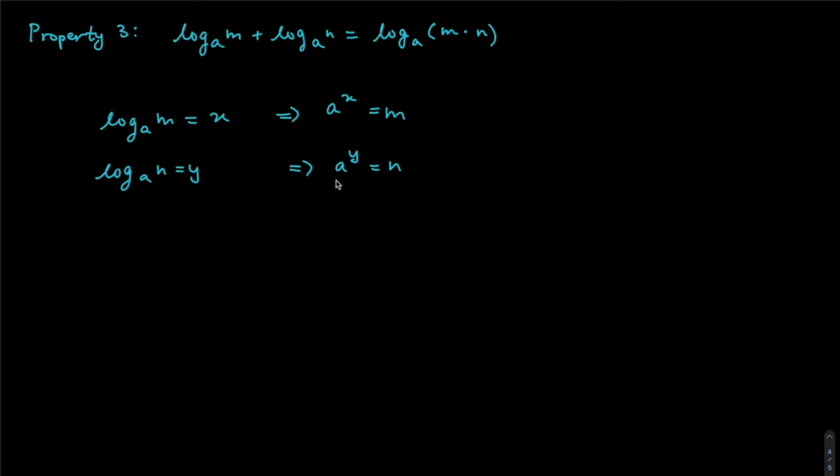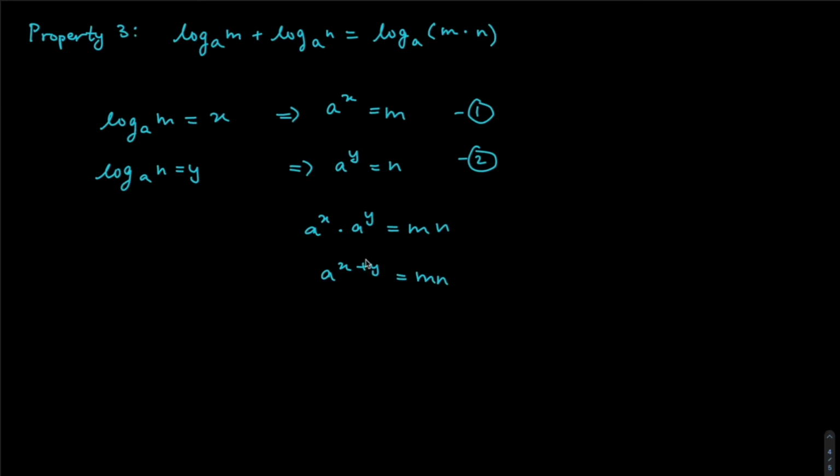Now if I multiply both of these equations, equation 1 and equation 2, what I'm going to have is a raised to the power x times a raised to the power y is equal to mn. Like this. So now I'm going to have a to the power x plus y is equal to mn.